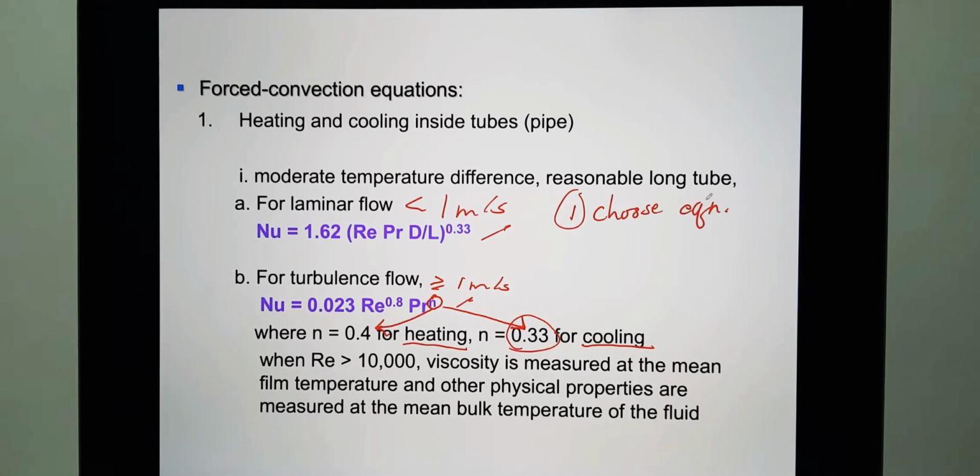And number two, if let's say you choose the B equation, then you need to select the value of n, whether it involves a heating or cooling process. So you need to be smart in order to select which equation is the most appropriate to settle the problem statement.